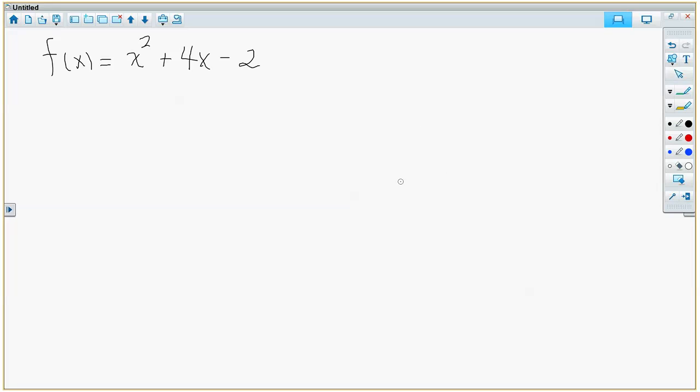All right, I want you to try to give me everything, and then at the end I want you to sketch it, and I want you to tell me the domain, the range, increasing, decreasing, and I left out something. No, I didn't. That's it.